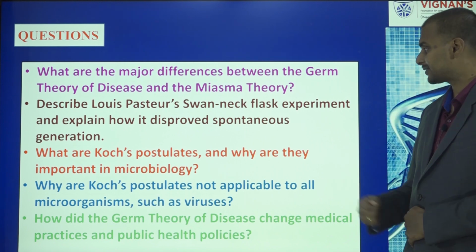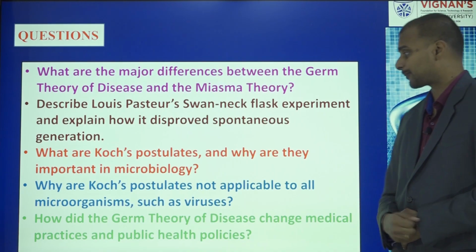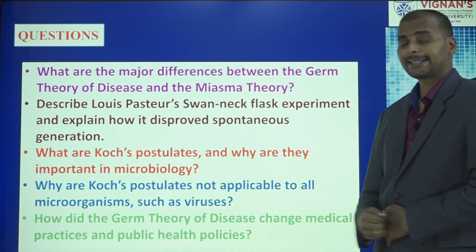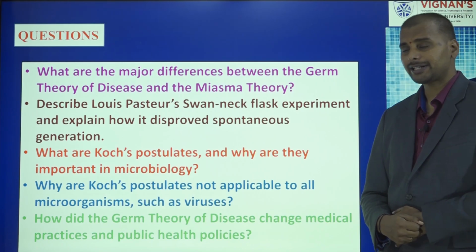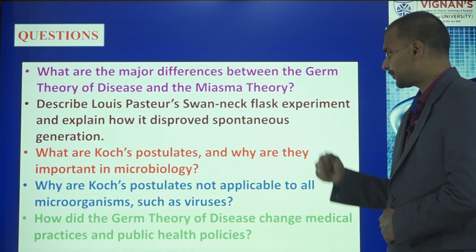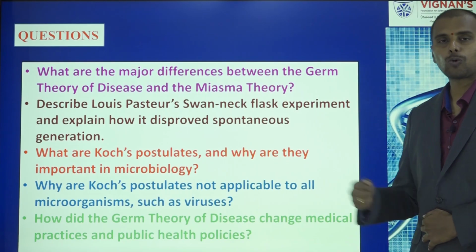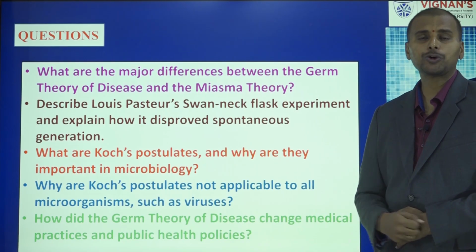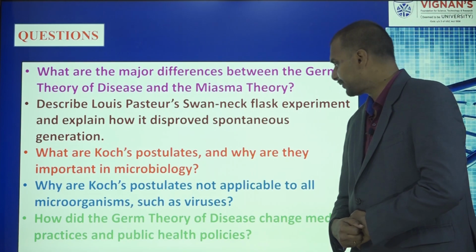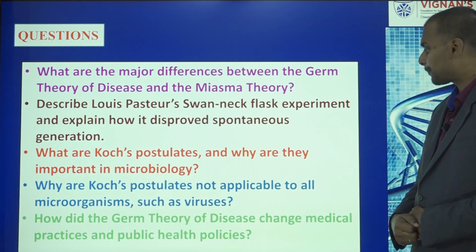And why are Koch's postulates not applicable to all microorganisms, such as viruses? Because viruses are obligate parasites, they need a host, so we are unable to grow these viruses on nutrient agar. And how did the germ theory of disease change medical practices and public health policies?